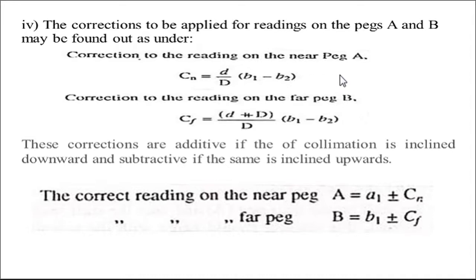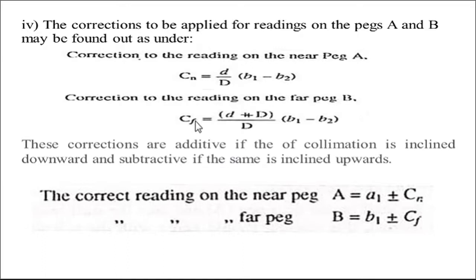So Cn is equal to the smaller distance divided by the larger distance into bracket B1 minus B2, and the correction to the reading on the far peg B, say Cf, is equal to small d plus capital D divided by capital D into bracket B1 minus B2.